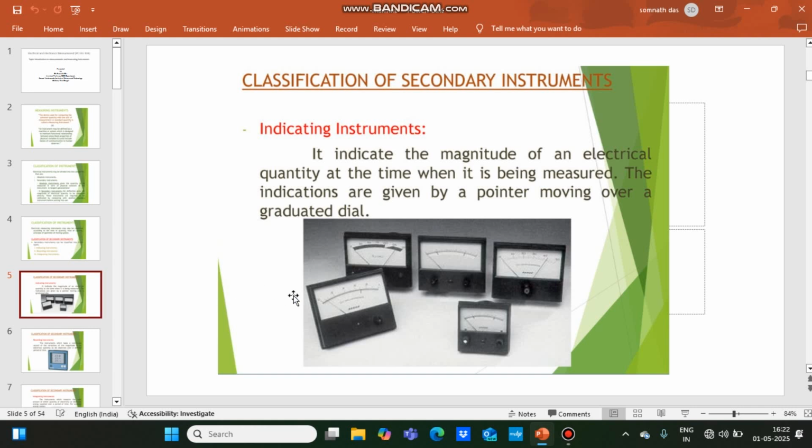Indicating instruments basically indicate the value of the unknown quantity on a display, on a dial. The indications are given by a pointer moving over a graduated scale. The figure shows some indicating instruments. Examples of indicating instruments are ammeter, voltmeter, wattmeter, etc.